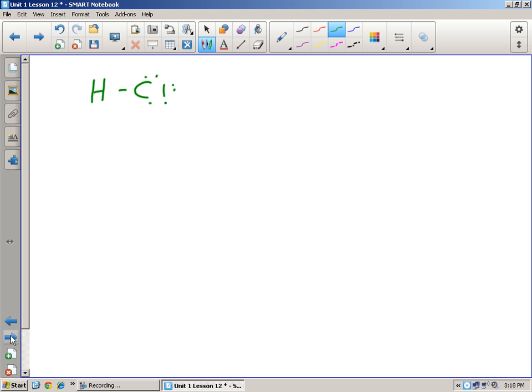I wouldn't say it's AX2 or anything like that. I would probably say that this has a linear shape to it. Yes, roughly, right? It's not stretched out by any means, but it's kind of linear-ish. It's definitely got a negative end and a positive end, and how do I know that? Because there's a difference in electronegativity.